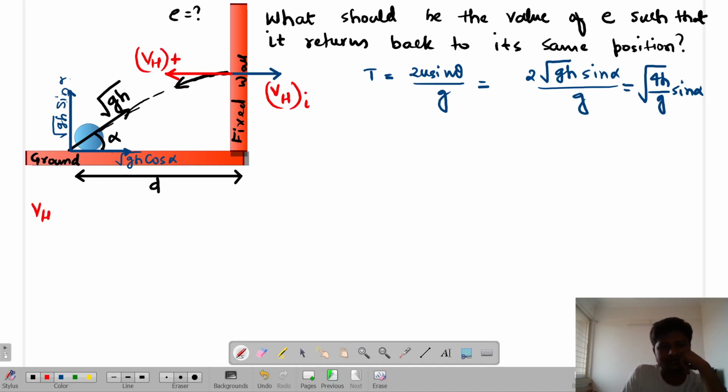So the final horizontal velocity is e times root under gh cos alpha. Now T is the total time. I represent as a small t the time taken by the ball to reach this wall.